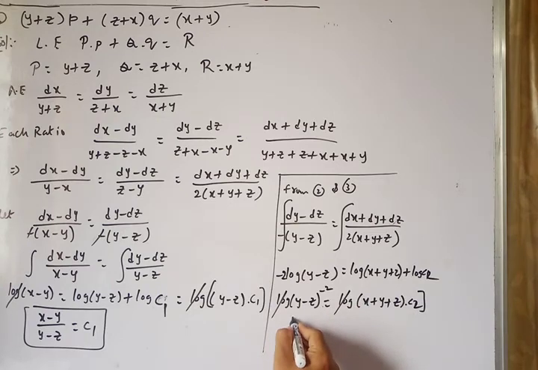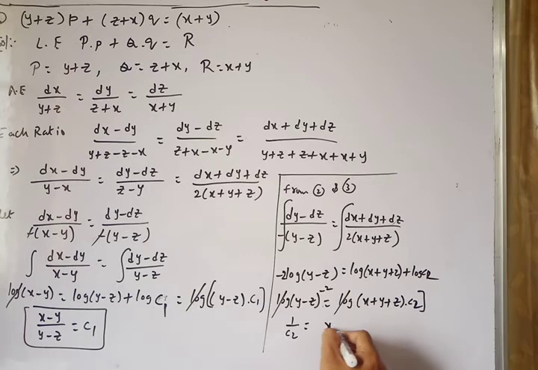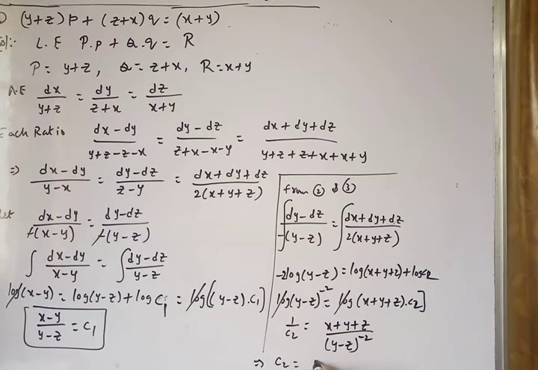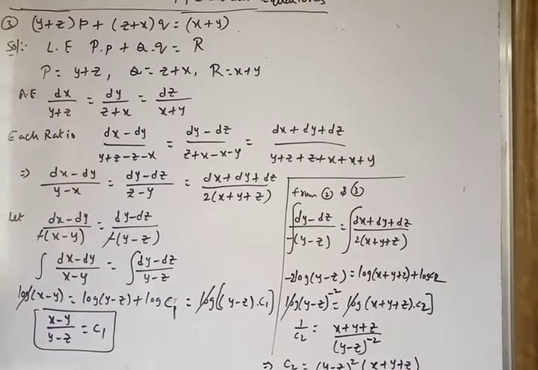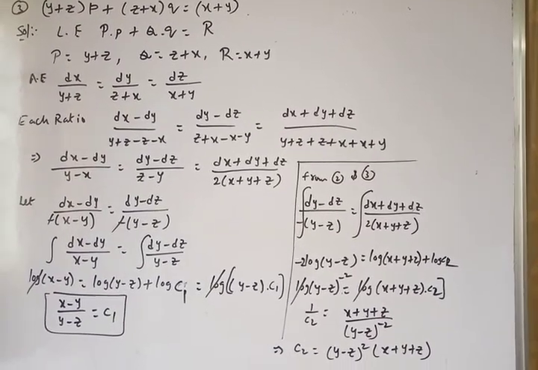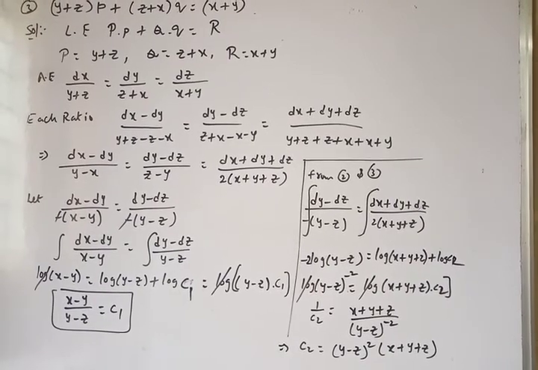So this can be written as 1 by c2 is equal to, cross multiply, x plus y plus z by y minus z whole power minus 2. So I can write it as c2 is equal to y minus z whole square into x plus y plus z. So you got the value of c1 and the value of c2.